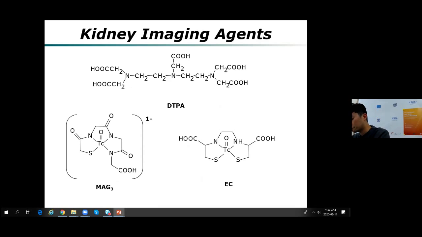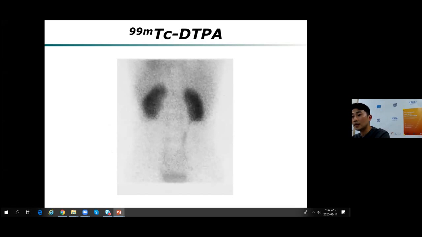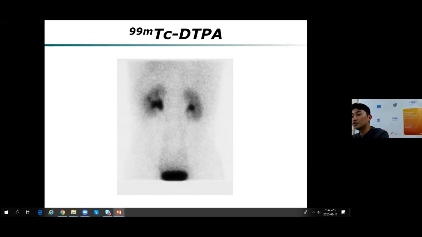Compared to the bone imaging agent, it has lots of hydrophilic sites at the edge of the chemical, so it can go directly through kidney excretion. This image shows rapid kidney excretion using 99m technetium DTPA.